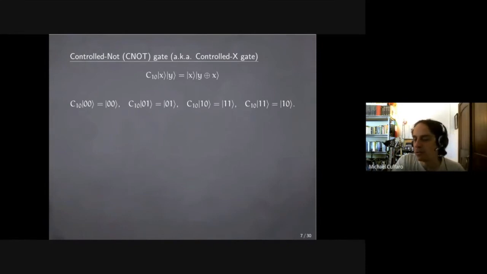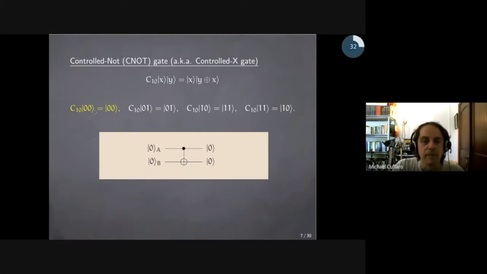So far, it might not be clear why I've called it a control gate. But the reason we call it a control gate is because in addition to thinking of it as an exclusive OR operation, we can also think of it this way. Depending on the state of the control qubit, we will either do something or not to the target qubit. If the control qubit is in the state 0, then nothing happens, right?